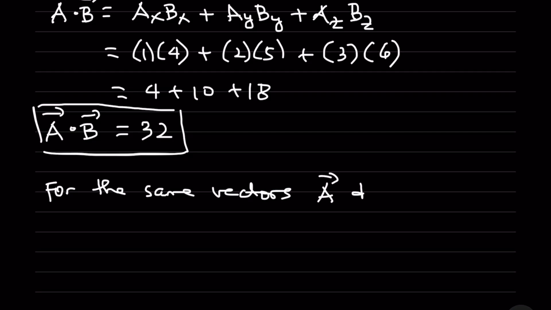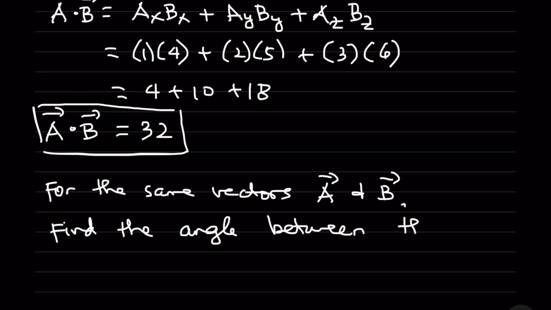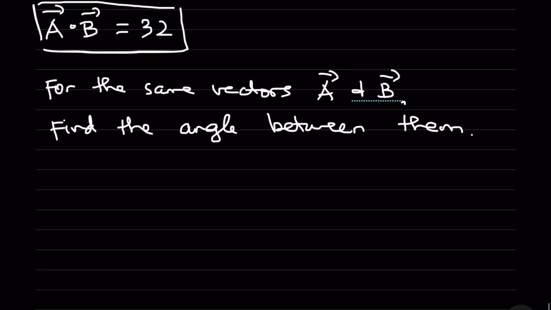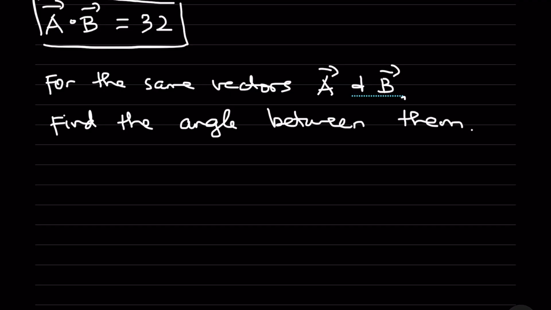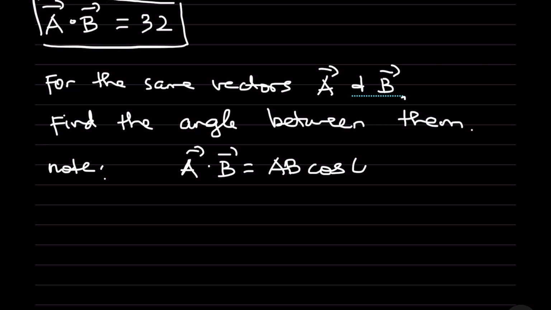Now let us consider the same vectors A and B. So now that we know the dot product, we can actually use the geometric interpretation, or the geometric definition, of the dot product to find the angle between the two vectors.